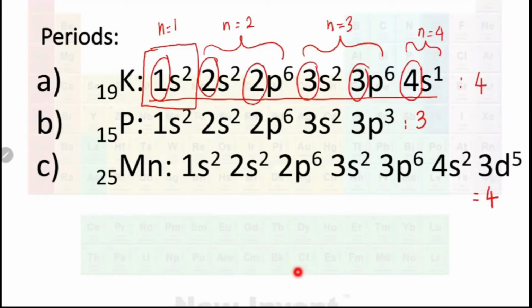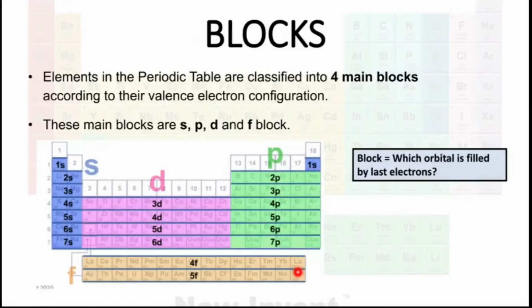Any questions on how to determine the period? No. Okay, good. We will proceed to the determination of the blocks. Elements in the periodic table are classified into 4 main blocks, which are S, P, D, and F block.